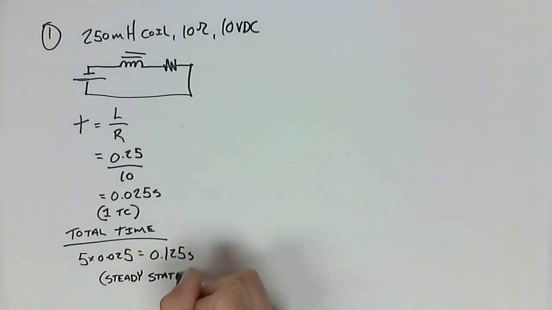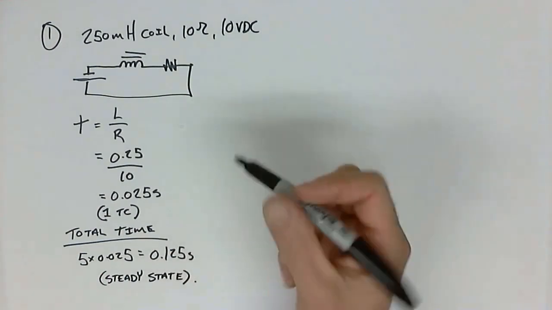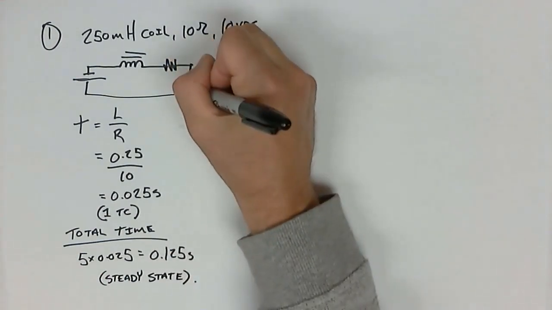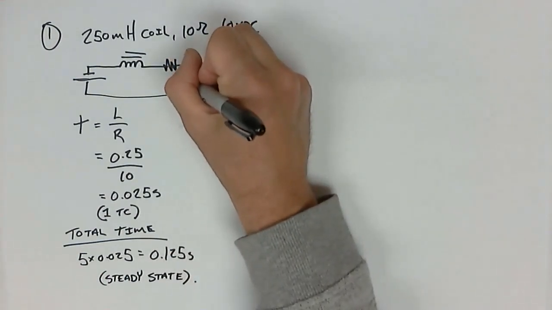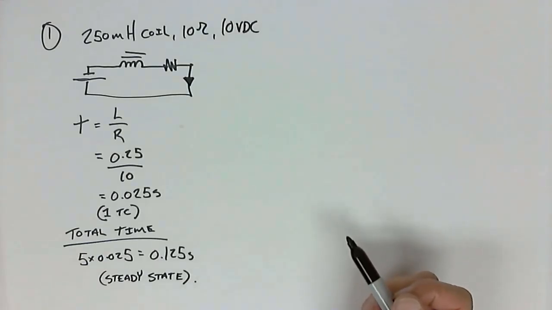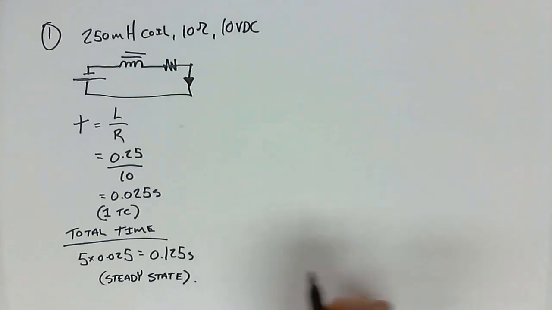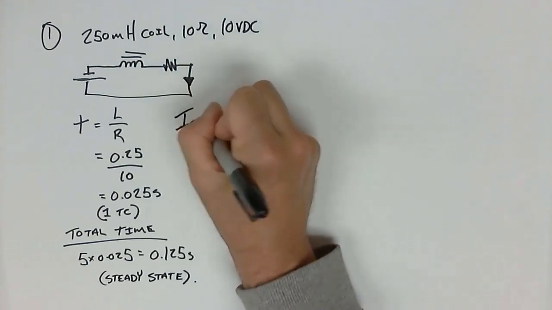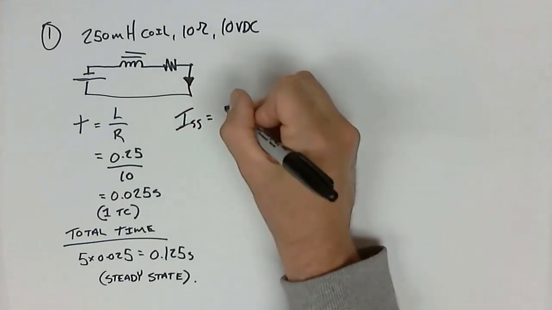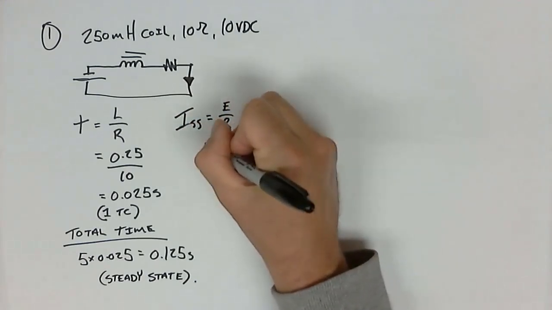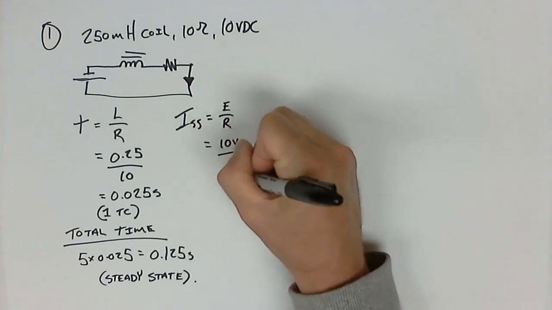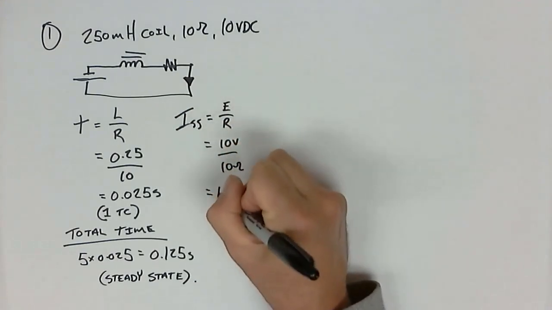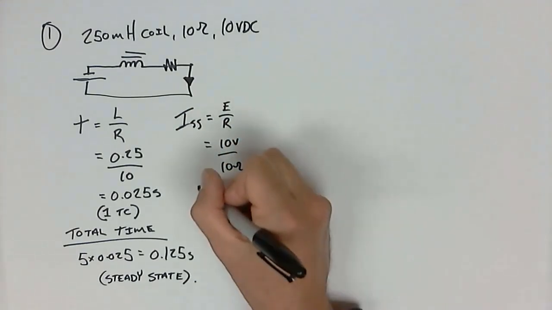In a DC inductive circuit, all that we're really evaluating is the current. Just the current when it comes to a DC inductive resistive circuit. Now, what value would this steady state value be? I steady state is equal to E over R, which means 10 volts divided by 10 ohms, rendering 1 amp worth of current.